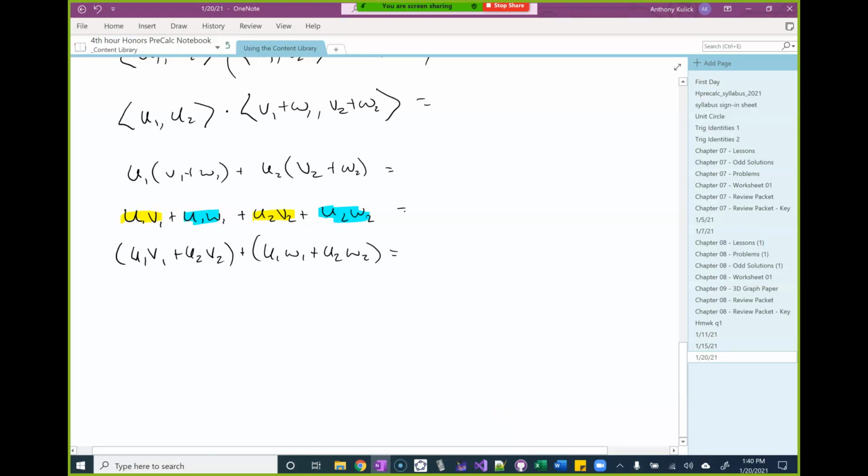Still with me okay there, Amanda? Yeah. Okay. And if I look at this piece now, the U1 V1 plus U2 V2, that is by definition the dot product of U and V, and the other one is by definition the dot product of U and W, right?